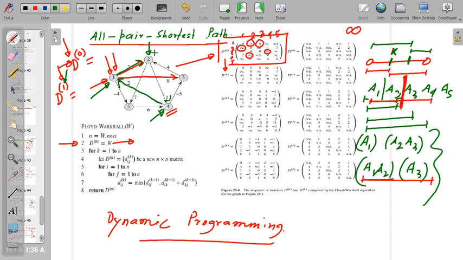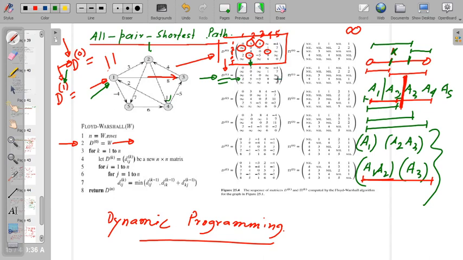So now you see, if I consider D1 and then 4 to 2, this is our D1 and this is our row 4 and this is our 2.